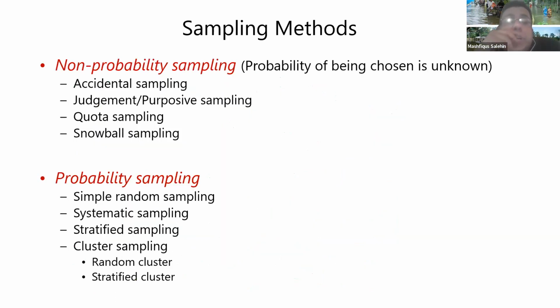So there are different types of sampling methods. Principally they are categorized into two types: non-probability sampling and probability sampling. I'll try to quickly go one by one.